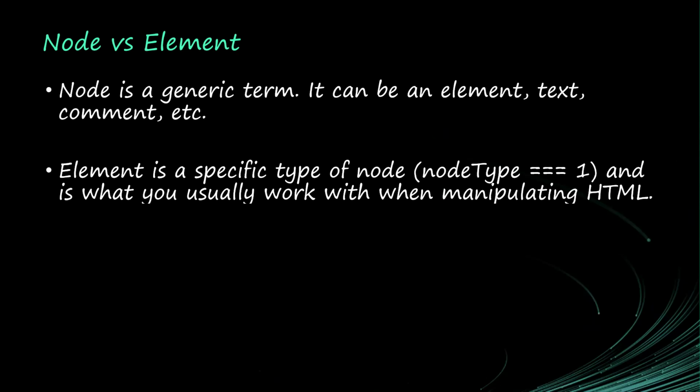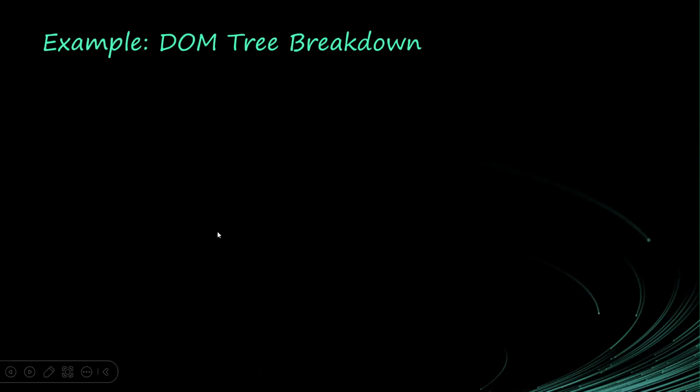So a node can be anything apart from an element too, but an element is a specific type of node, and it is what you usually work with when manipulating HTML. The H1, the H2, the UL tag, the span tags, all the HTML tags, they are elements. We call them elements. So an element is a node, but a node can also be a text node or a comment node.